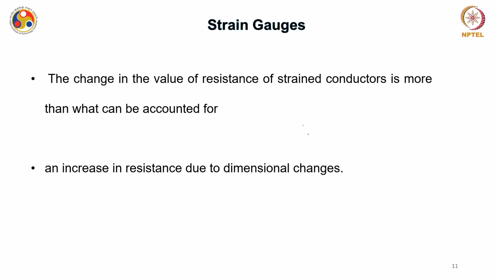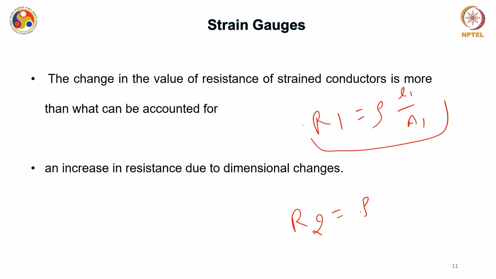So if you have say R1 value for initial resistance, for example, so R1 is rho L1 by A1, okay, and say initially the resistance was this, and say when you have applied positive strain, R2 increases to certain value, say R2 is equal to rho, say I am calling it rho 1, rho 2, L2 by A2, okay. Now in this case R2 is greater than R1, okay.